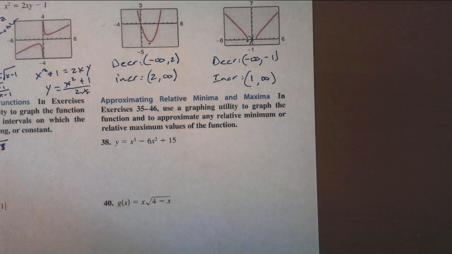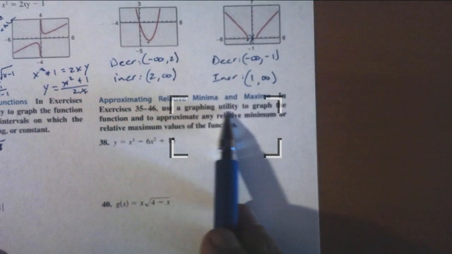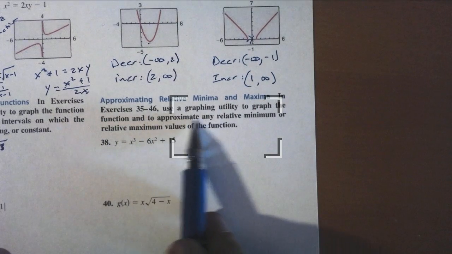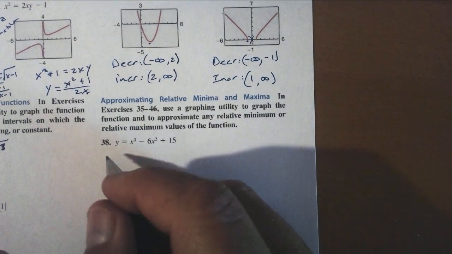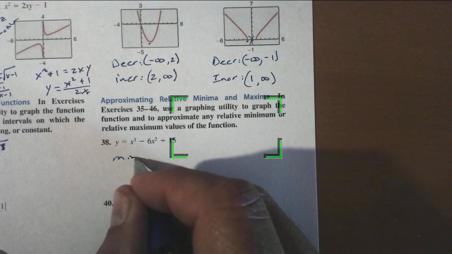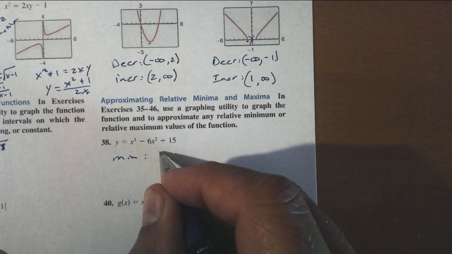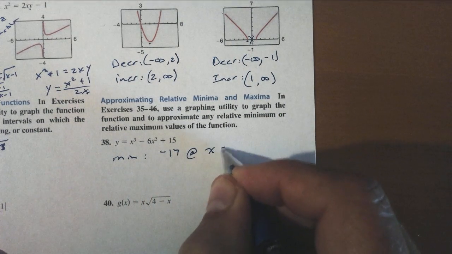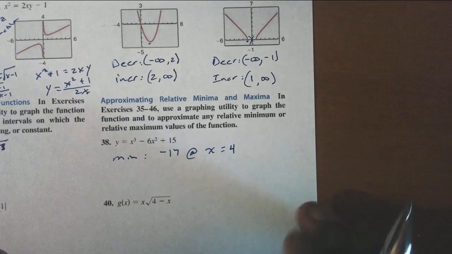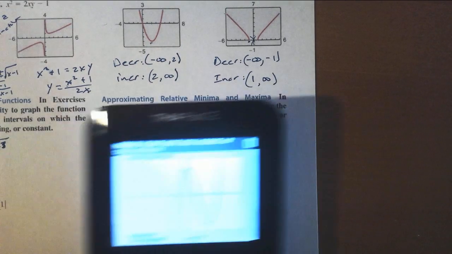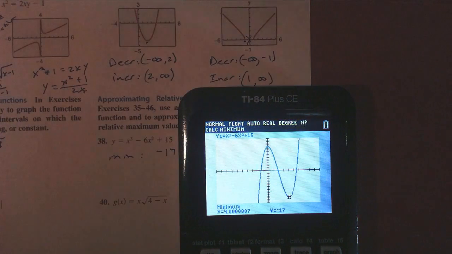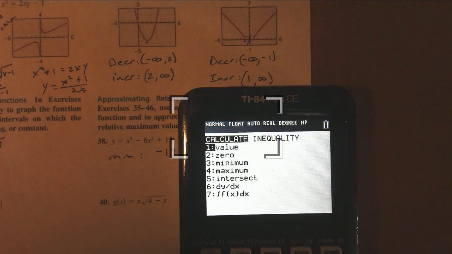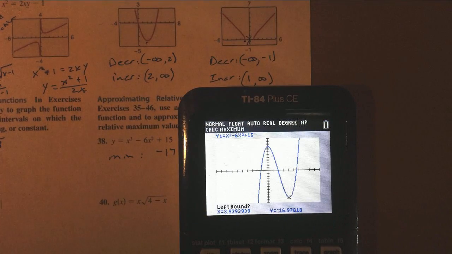So how would we answer that? Use the graphing utility to graph the function and approximate any relative minimum or maximum. So we have a minimum of negative 17 at x equals 4. And then we'll just repeat that for our maximum. Second calc maximum. Again, I want to be to the left of it first.